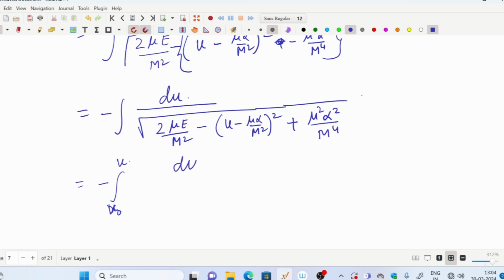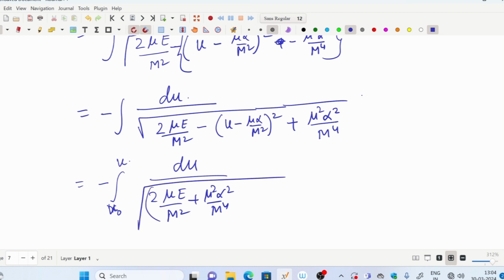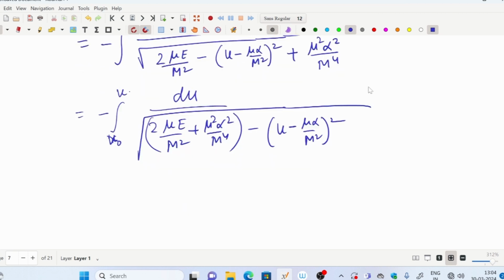So, du over the square root of 2 mu E over m square plus mu square alpha square over m to the power 4, this quantity, everything happening inside the bracket, minus u minus mu alpha over m square, whole square. Great.